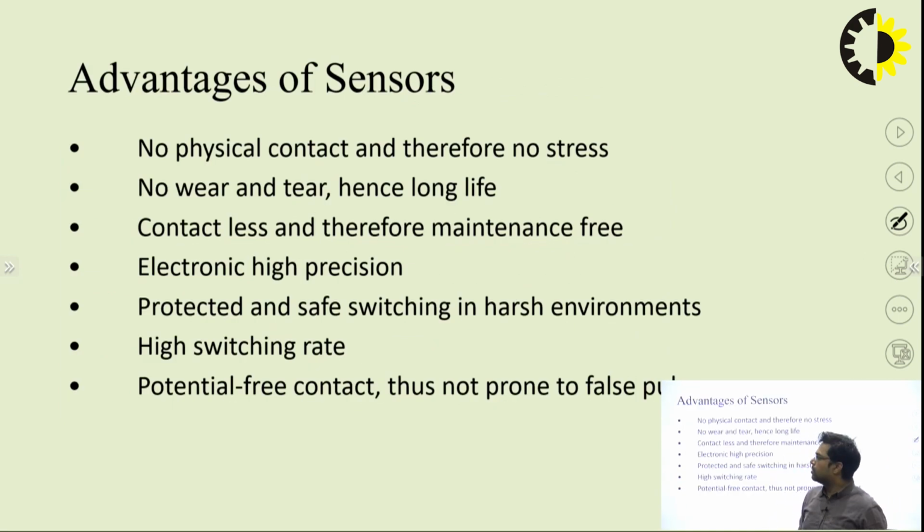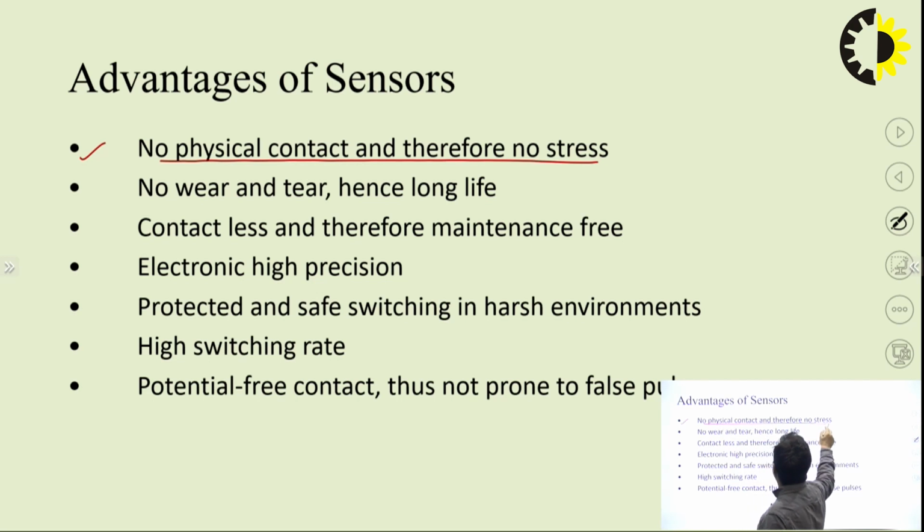So, what are the advantages of sensors? As I discussed earlier, there is no physical contact and there is no stress. This is the major advantage of sensors. They are contactless, so there is no electrical or mechanical stress in sensors.